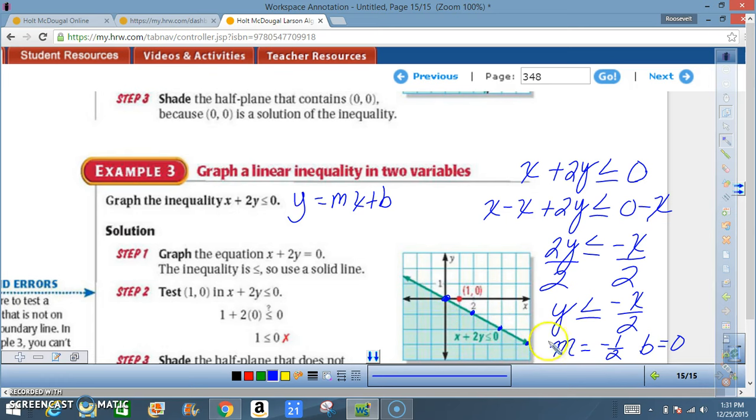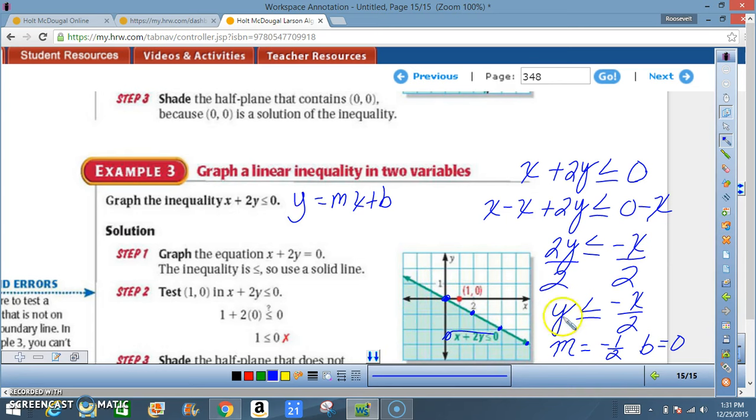Now notice it says that it is what? Less than or equal to. That means my line has to be solid because it says equal to. Now it says less than. Because it says less than, that means I will shade below the line. What that means is everything that is on this line is a solution, and everything below the line is a solution.